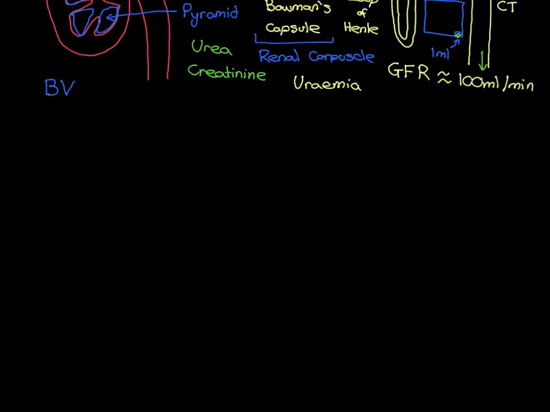The next question is, how do the kidneys actually know what blood volume is? Because the renin-angiotensin-aldosterone system, as we will see, starts off at the kidneys, and it's the kidneys that are going to measure what blood volume is. So how do they actually do it? Well, they do it in quite a clever way.